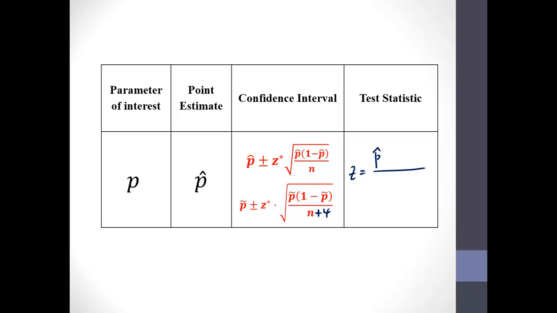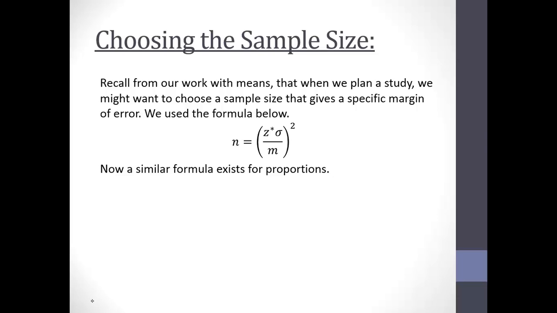Oh, so remember for a mean, we had a t equal to x bar minus mu naught divided by s over the square root of n. We're going to talk about how we get this. Think about how our intuition translates this over. It's going to be the same idea. We're going to take our estimate, subtract off something that we hypothesize to be true, and then divide by a standard error. So we'll fill that in a little bit here.